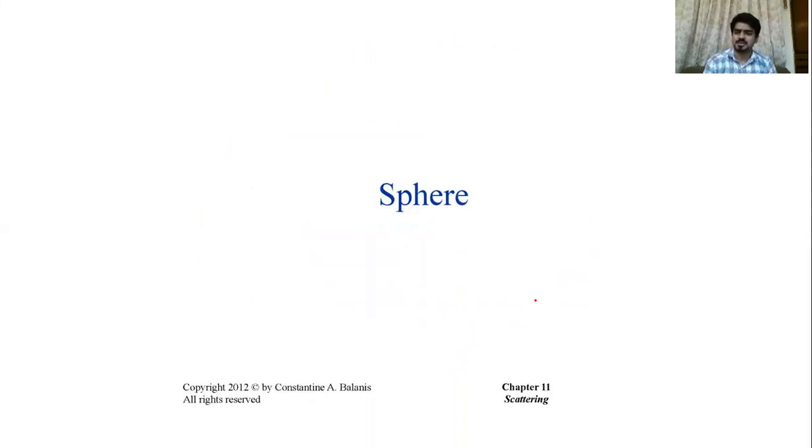Now the next topic is spherical structure. So this is the third topic which we wanted to cover in this lecture, and that is scattering from a sphere. And why are we interested in scattering from the sphere?